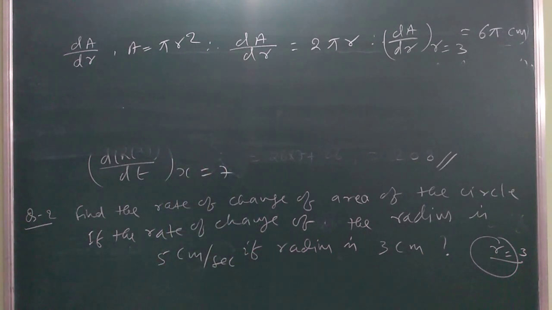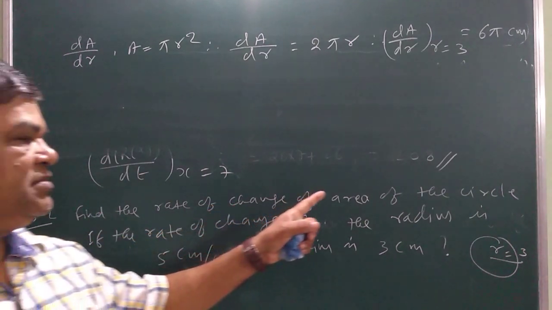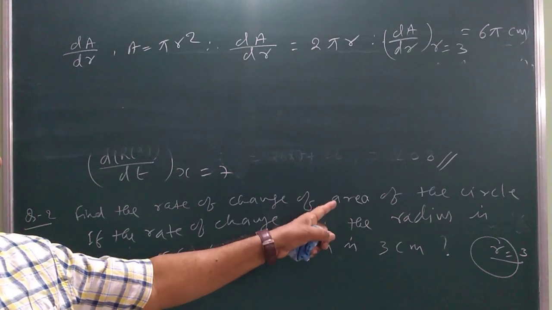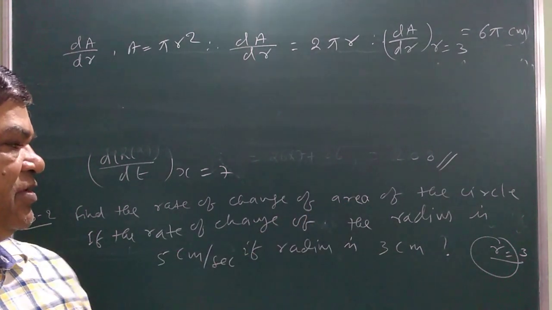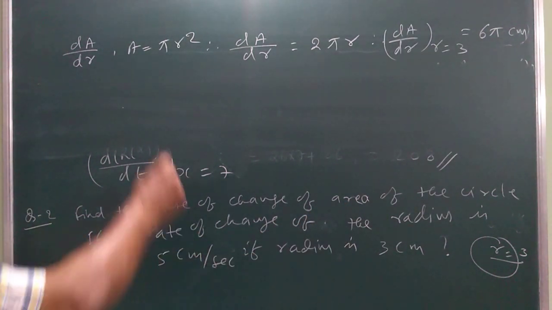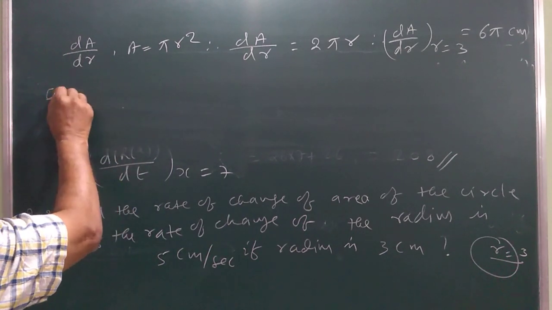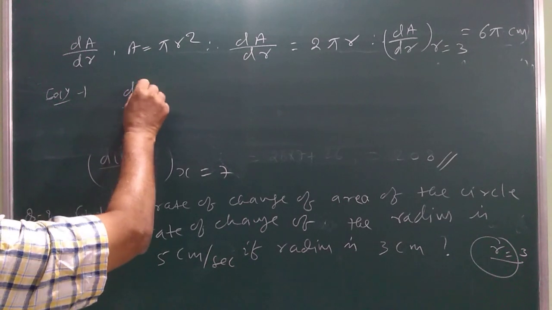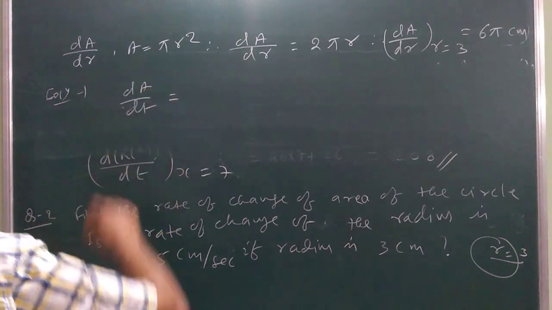Now here you simply have to find the rate of change of area. That means you have to find the derivative of this area with respect to time. So here this is dA by dt.